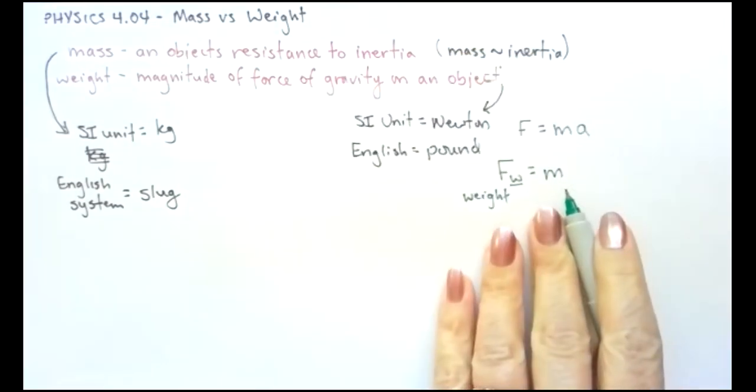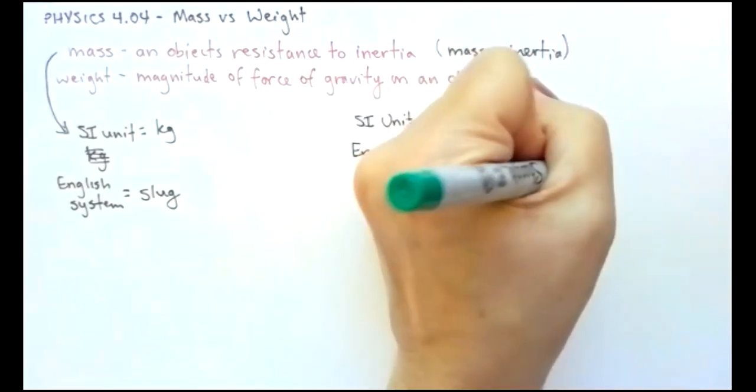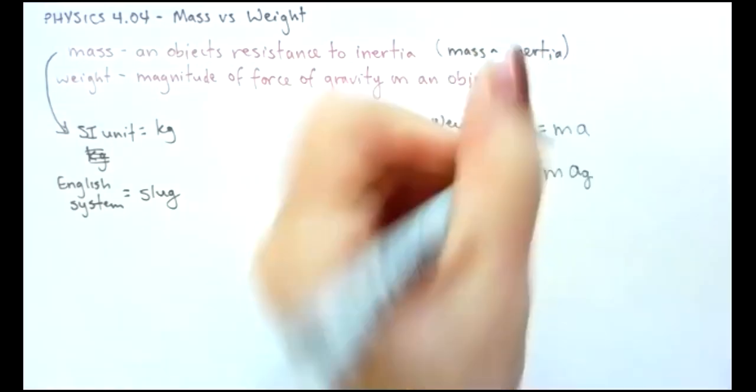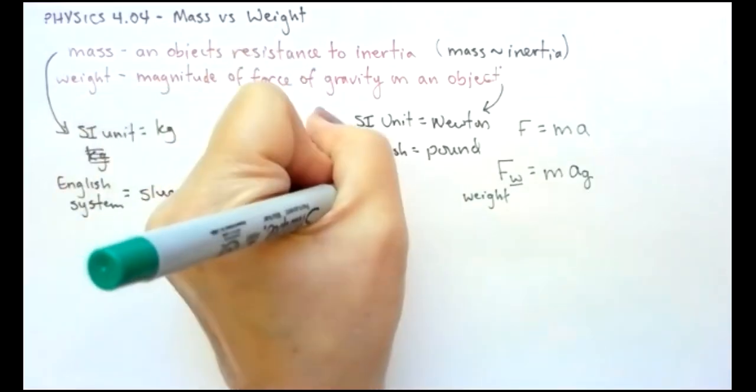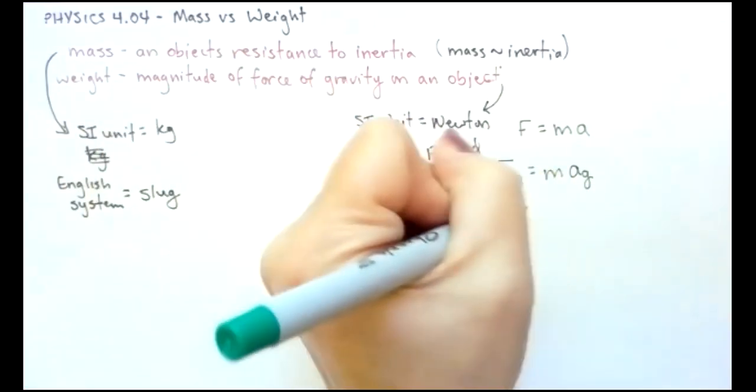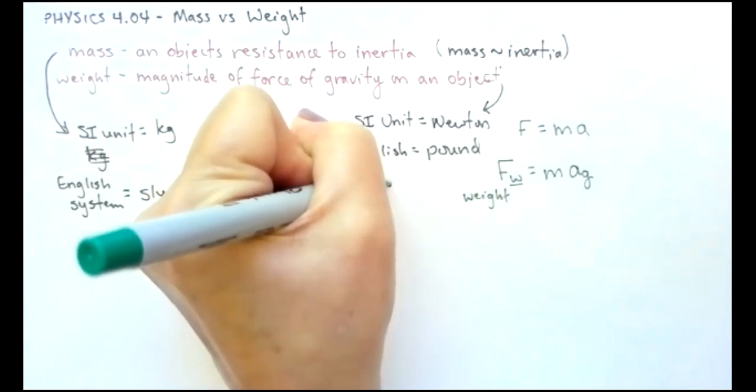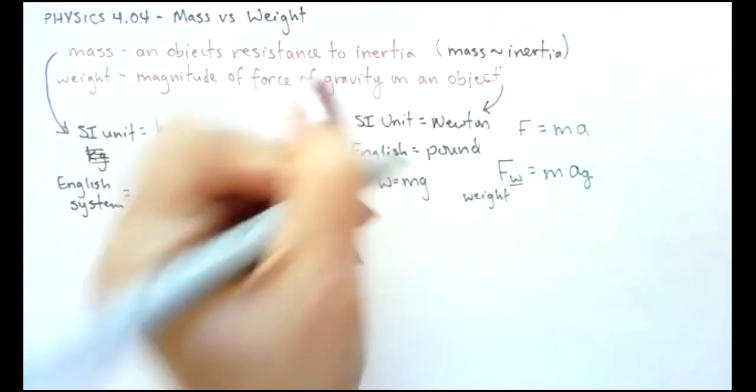Mass is what it always is. Over here now, we're going to put acceleration due to gravity, a sub g. What you'll see in a lot of textbooks is weight equals mass times gravity.